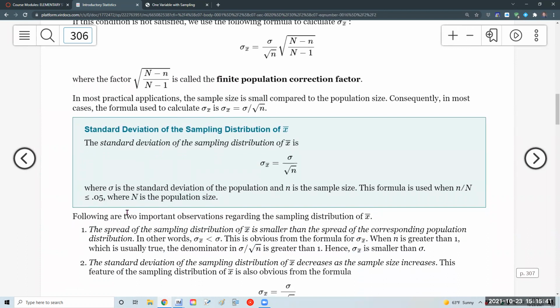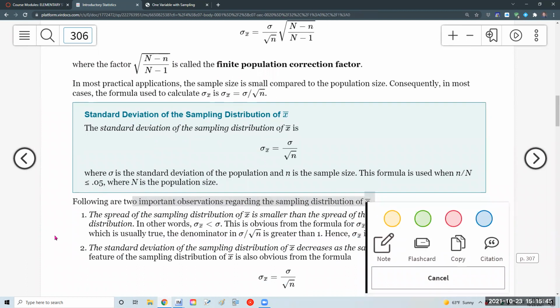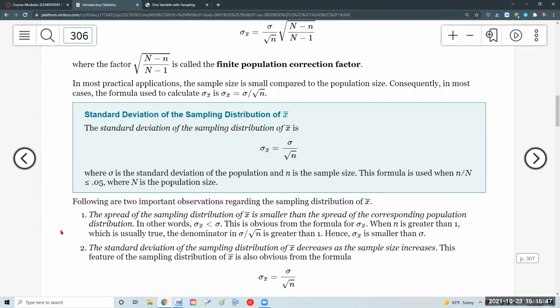Okay, so there are two important observations regarding the sampling distribution of x bar, and I've mentioned one of them. Here's the first one. The spread of the sampling distribution of x bar is always going to be smaller than the spread of the corresponding population distribution. And that's the case because sigma sub x bar is always less than sigma.